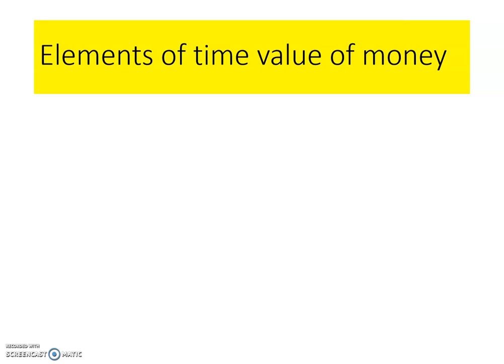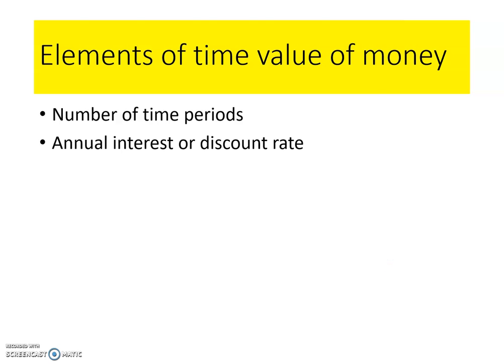What are the elements of the time value of money? The first one is the number of time periods. So in calculating the time value of money, you need to take into account the number of time periods. Then you also look at the annual interest or discount rate.